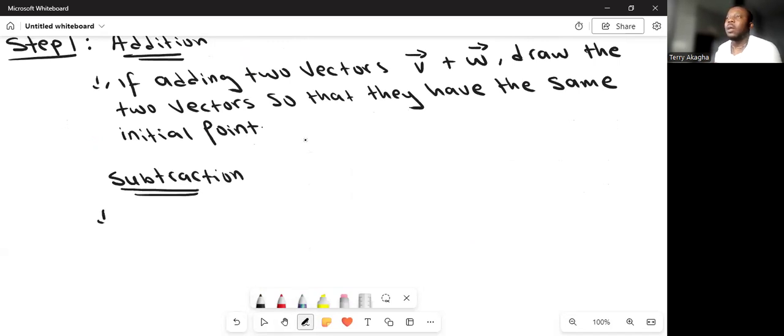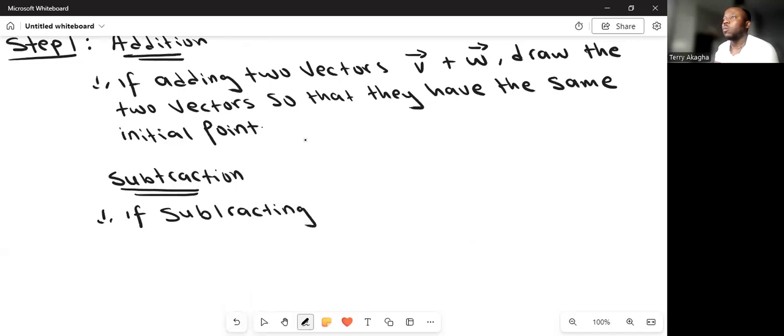what you have to do, so that means, for instance, if you're subtracting 2 vectors, v minus w, let's assume you're subtracting 2 vectors.